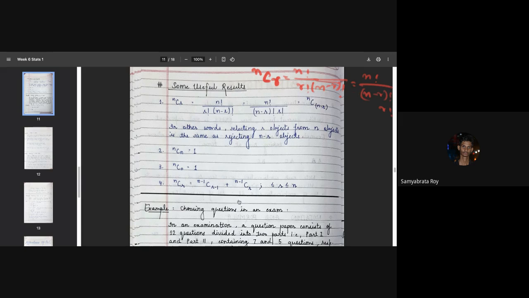This will lead me to nothing but nC(n minus r). So basically nCr is nothing but nC(n minus r).